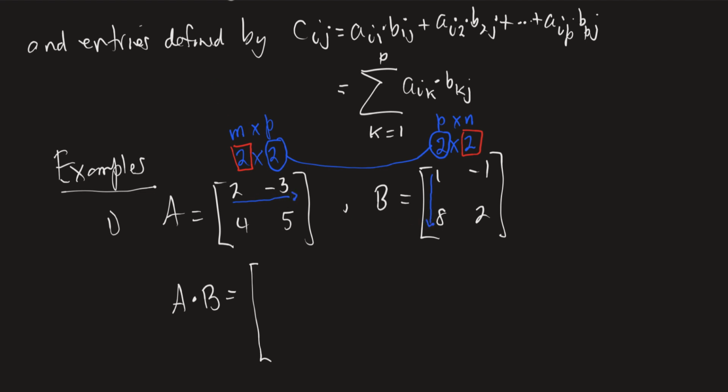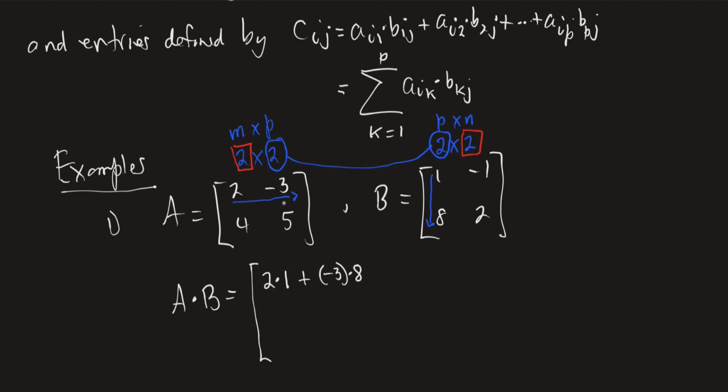So I have to take this, so I'm going to write it down. I have to take 2 times 1, right, plus negative 3 times 8. Right? And that is going to be the entry in the first row, first column.